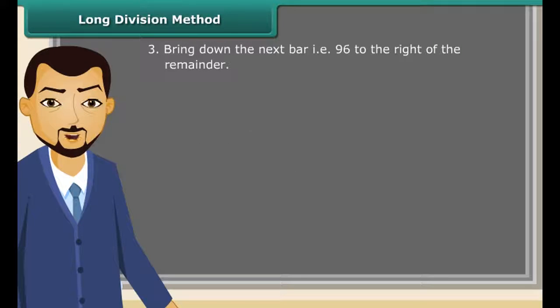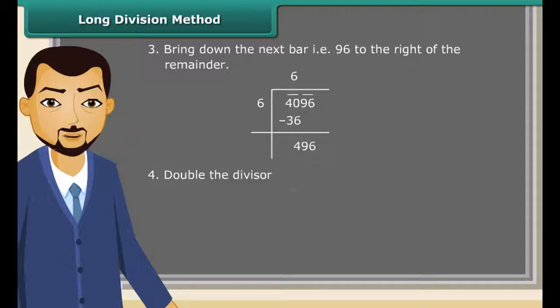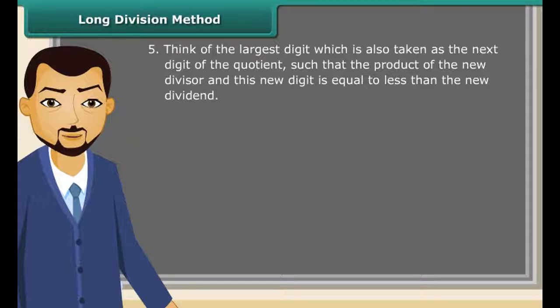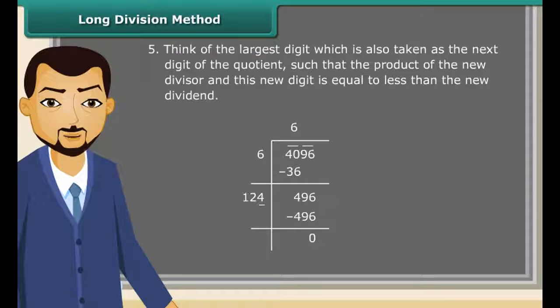Since 36 is less than 40, we take 6 as the divisor and 6 as the quotient. Now subtract 36 from 39. After that, bring down the next bar, that is 96, to the right of the remainder. Now double the divisor.